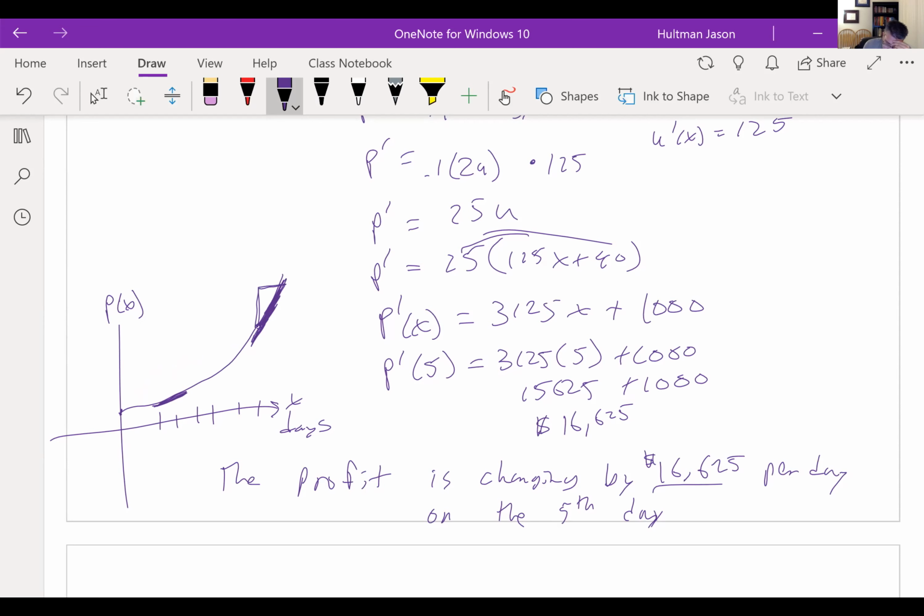Well, the average rate of change over one day was $16,625. That's how much your profit increased. Okay, profit is, maybe I'll put increasing, because it's a positive number. This is a positive number, so I know it's an increase. If it was a negative number, it would be decreasing. The profit would be going down.